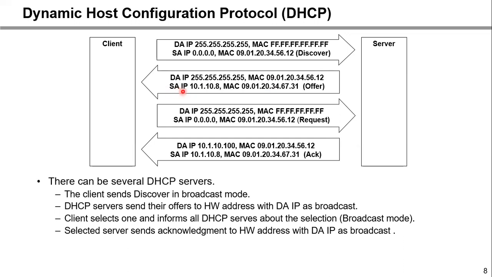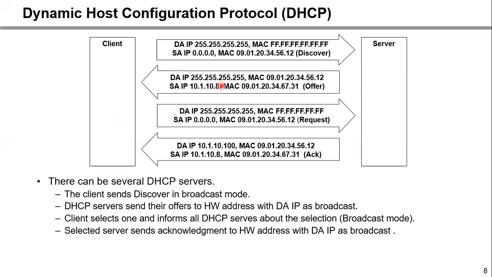If 10.1.10.8 is mentioned as the source IP address, then the client will come to know who the DHCP server is. Once the offer reaches the client, it selects those parameters and accepts them, requesting that I'm okay with the IP address that you have mentioned.